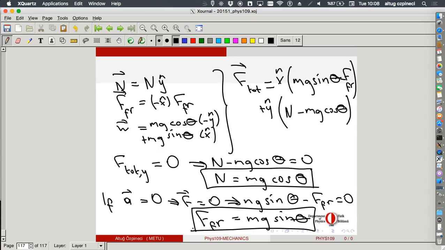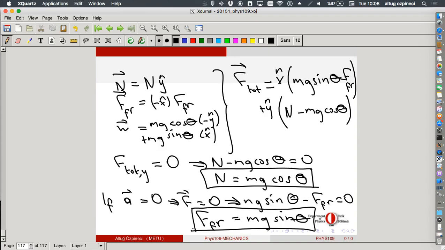Now let's make an example. I have this mass sitting on this plane. I can change the angle. I can just lift this plane, so it is at rest, then comes a value of theta at which it will start sliding.